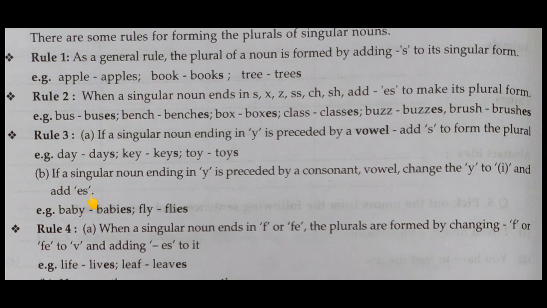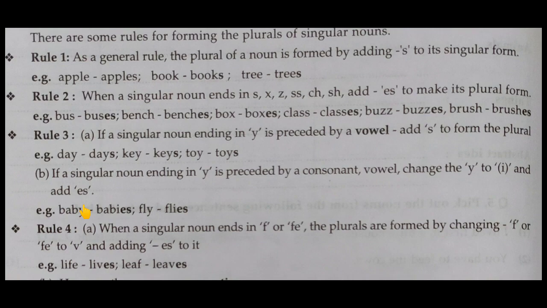But here the second rule says that if the singular noun is ending with y and is preceded by a consonant, okay, then what we have to do, change y to i, okay, and then add es, okay.